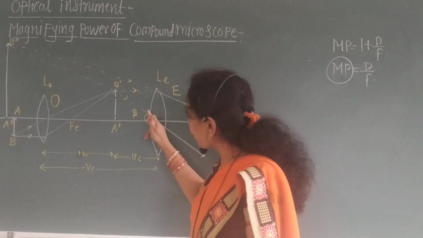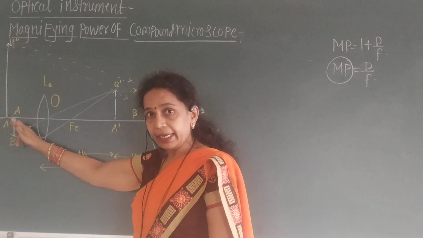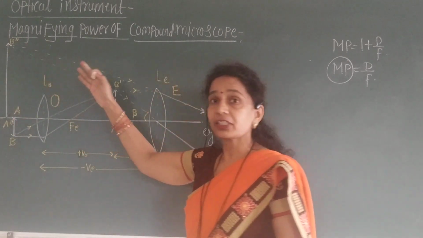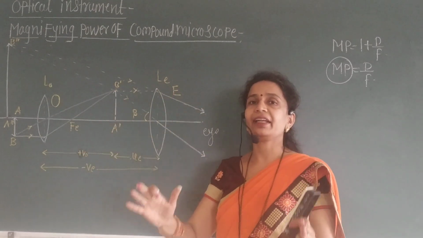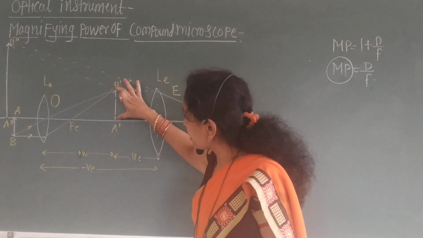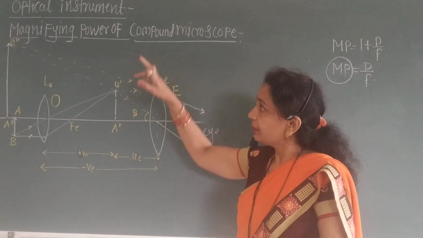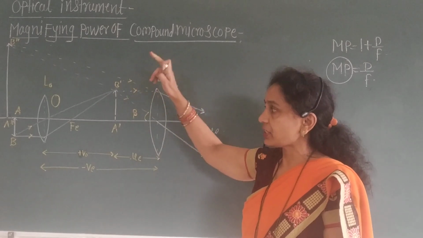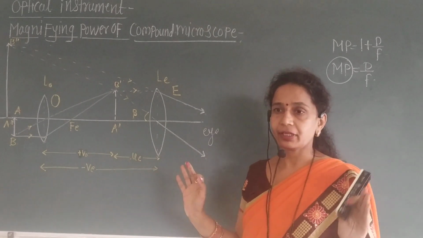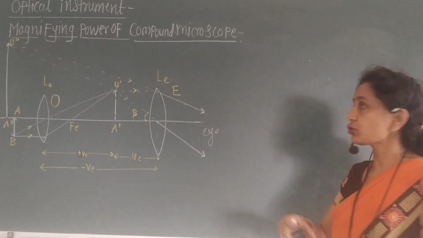Then it produces its image A double dash B double dash, and this image is virtual and magnified. The image A dash B dash is real, inverted and magnified, but the image A double dash B double dash is virtual and magnified.